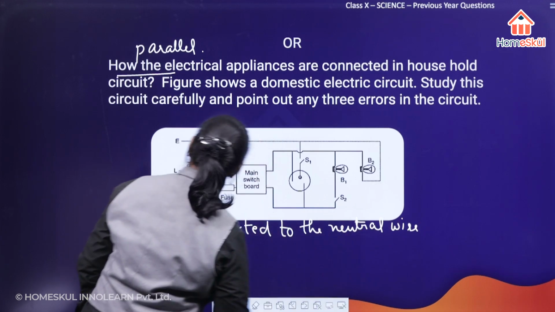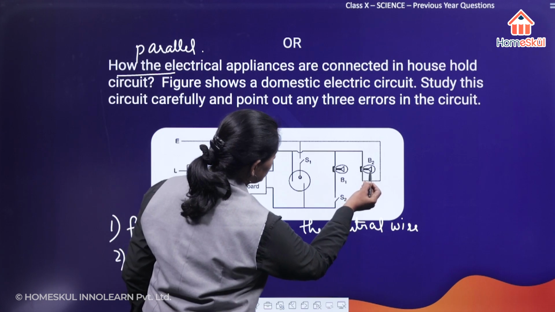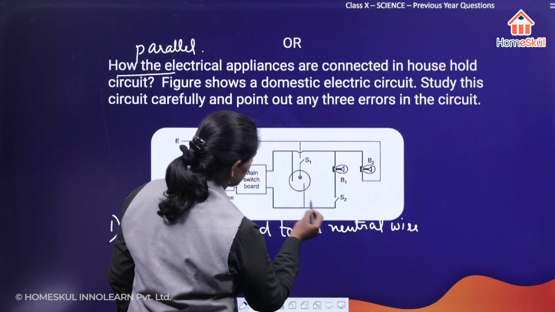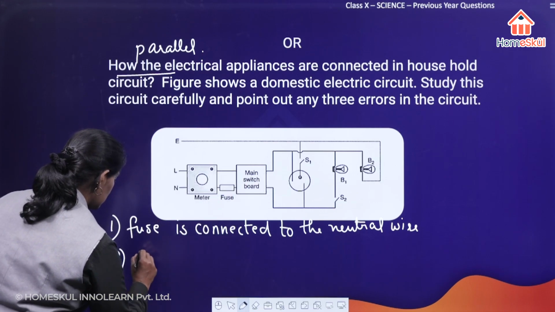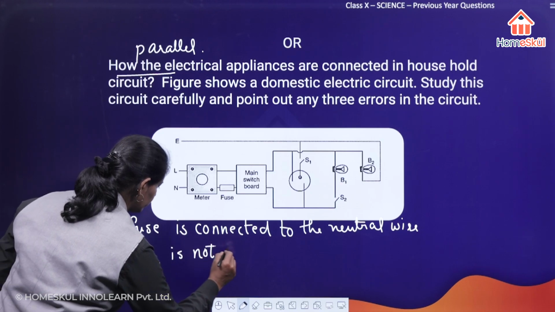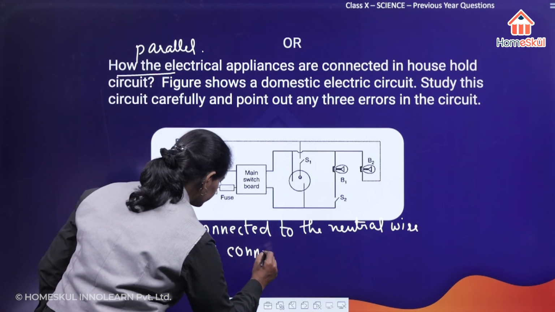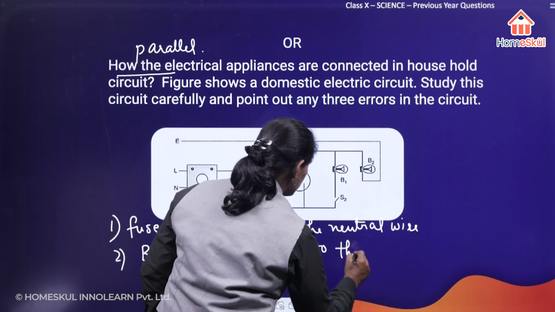What about the second error? Now here you can see that the bulb B2 is not connected to this neutral wire. Only B1 is connected. So the bulb B2 is not connected to the neutral wire.